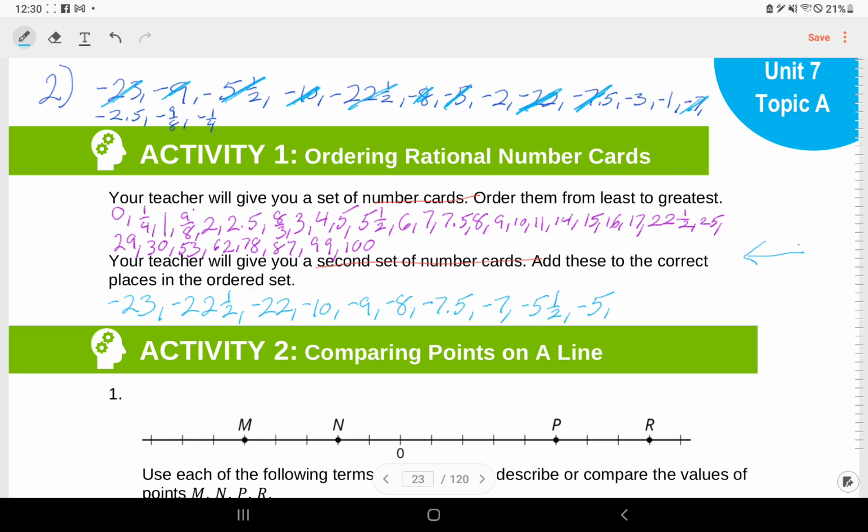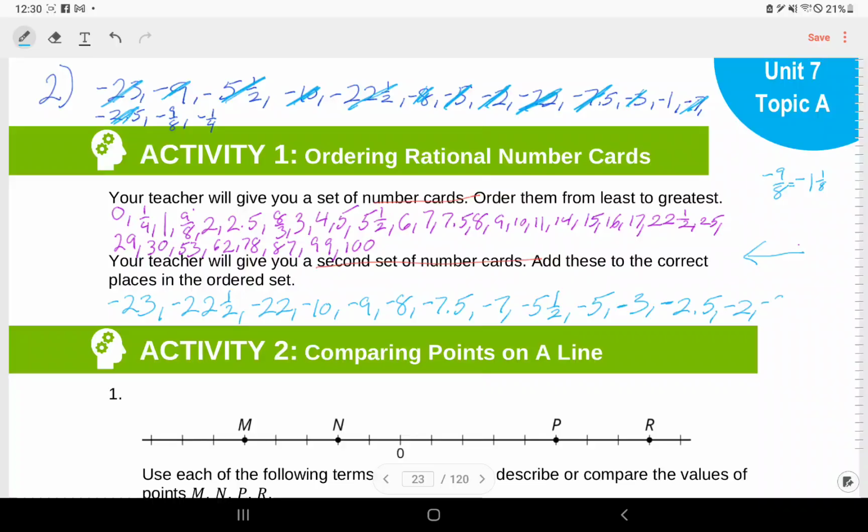No negative 4, but we do have a negative 3, well, a negative 2.5, a negative 2. Now negative 9/8, well, we set up above that 9/8 was 1 1/8, so negative 9/8 would be negative 1 1/8.